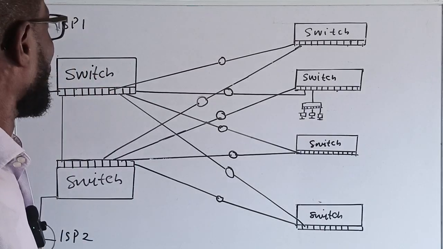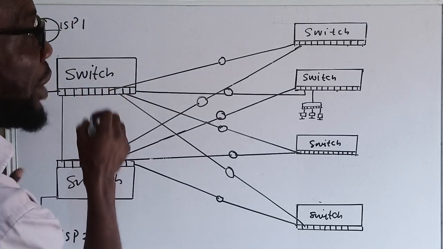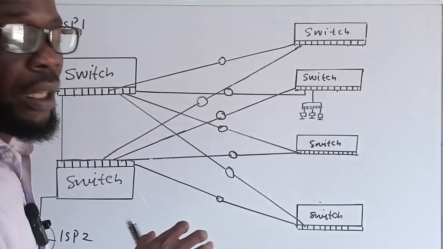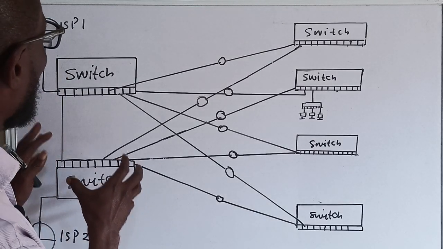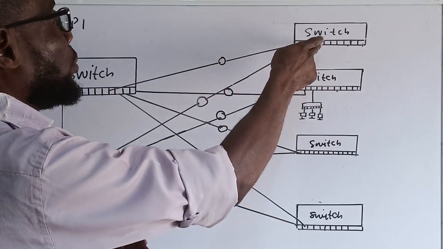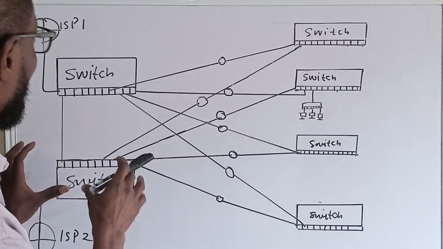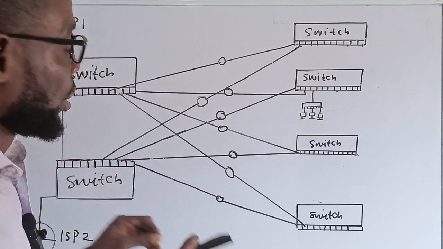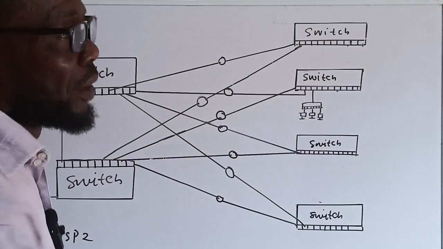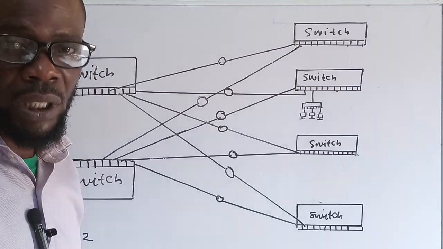You can see we have two main switches here, and these switches are layer 3 switches with more capacity than the other switches, even though those are multi-layer switches. The switches at the internet edge must be more powerful than the switches that link to each office, even though they are also multi-layer switches.